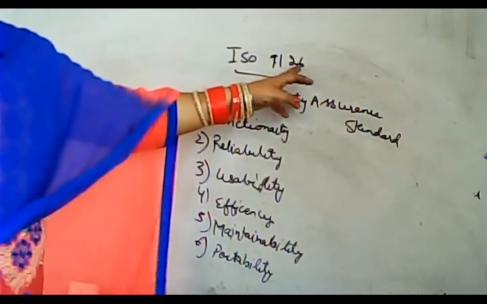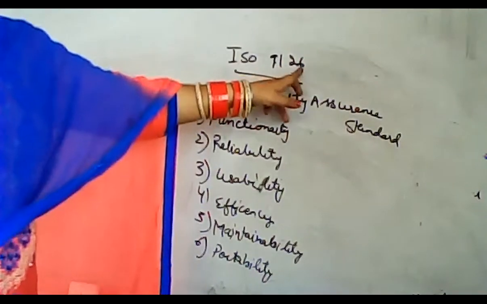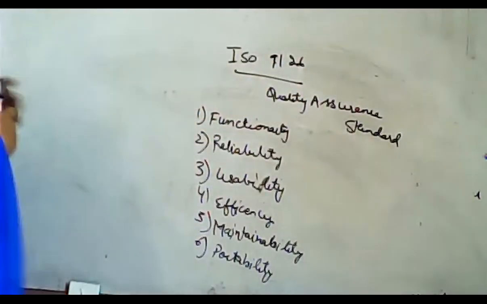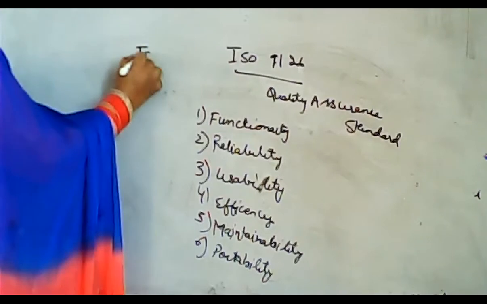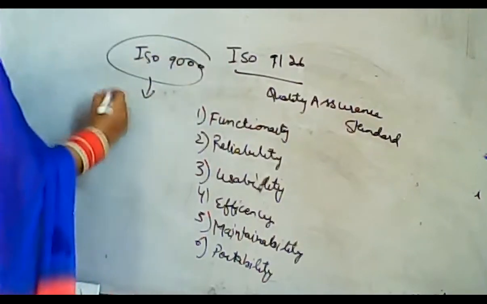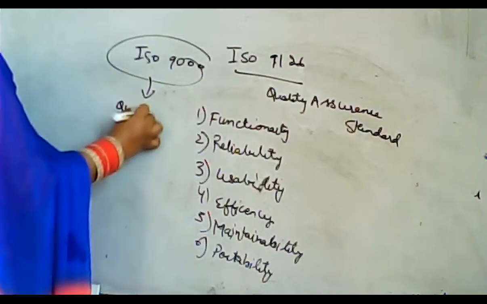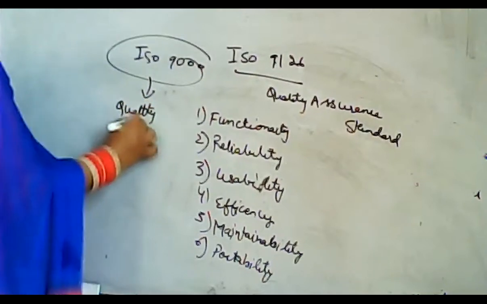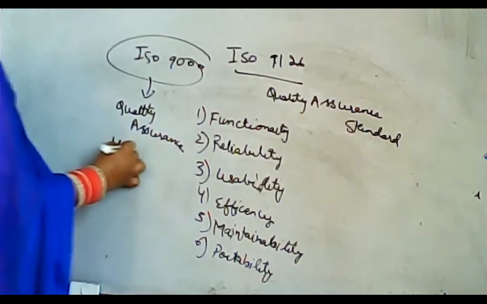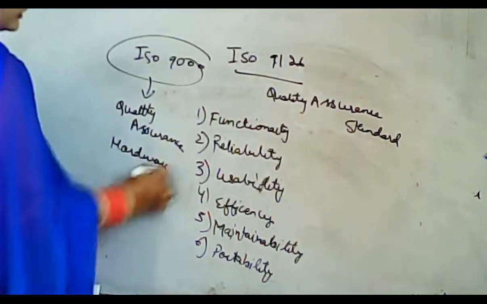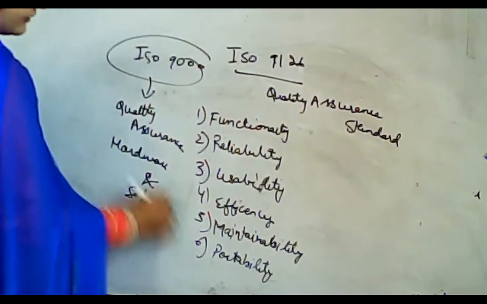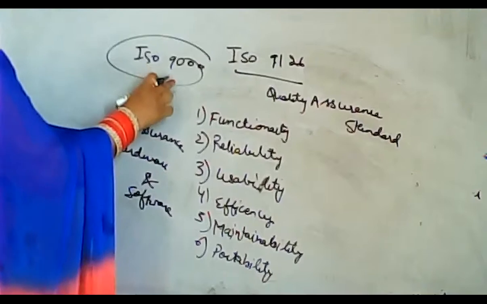That is why it is six here, that defines the six standards, because it is derived from ISO 9000, the main category of quality assurance. This quality assurance standard includes all kinds of hardware and software, and for every kind of device we use this ISO 9000 standard.